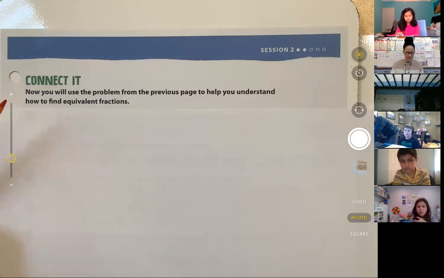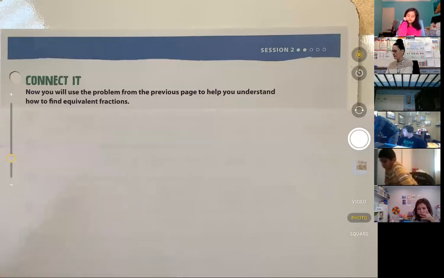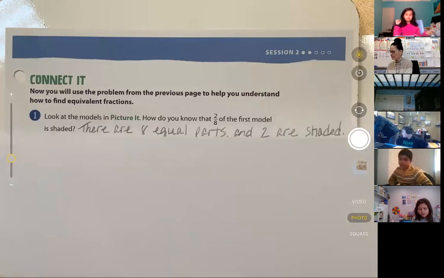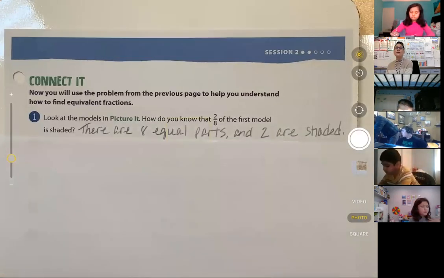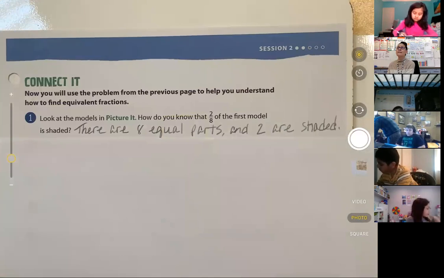The first one says to look at the models in that green picture on the prior page. How do you know that 2/8 of the first model is shaded? How do you know? You know because there are 8 equal parts and 2 are shaded.